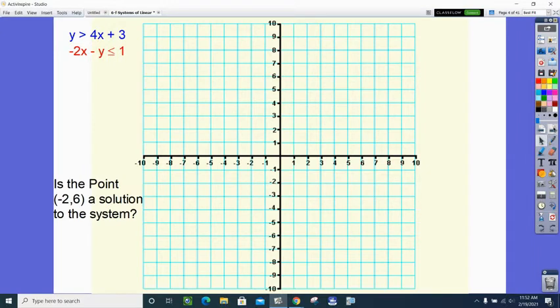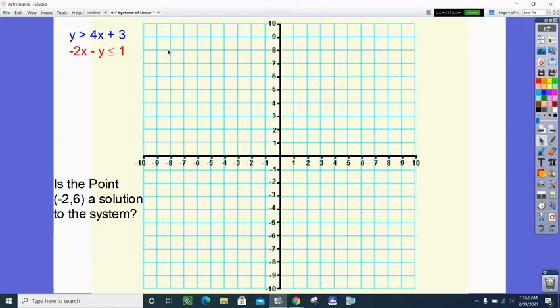If there are no areas of overlap, then there would be no solution to the system. What we did in the last video, we're going to do again: graph both of these inequalities, starting with the first one, y is greater than 4x plus 3, and do its shading, using one color or horizontal lines.